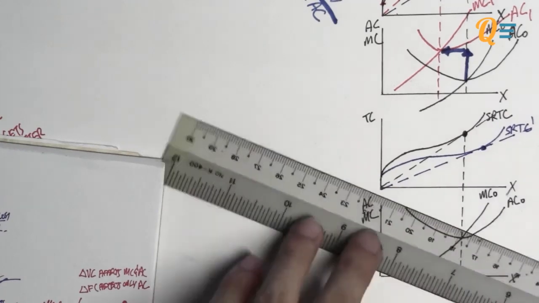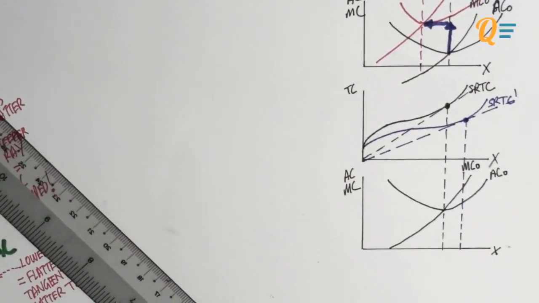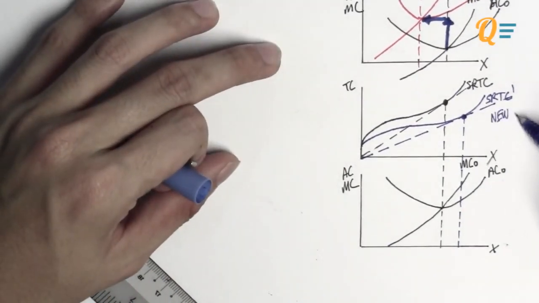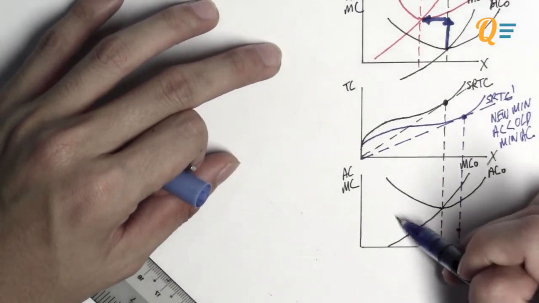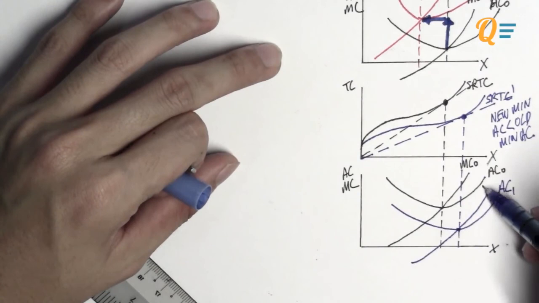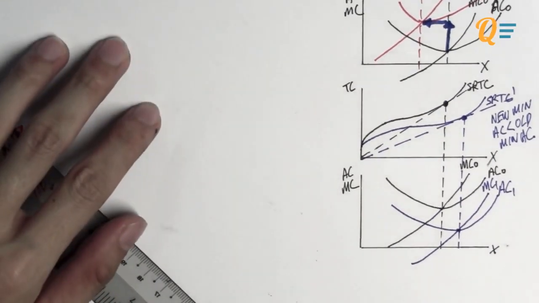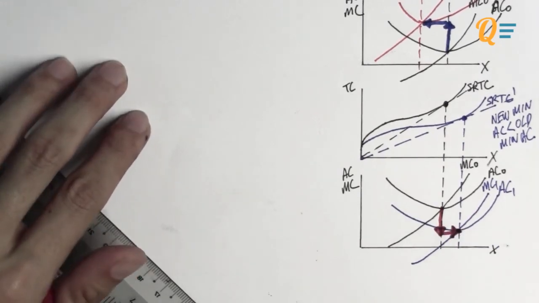And now I'm going to find my new minimum AC, and you'll notice it'll be towards the right side, and of course the new minimum AC has to be lower than the old minimum AC, right? There is a reduction in cost. Okay, so the AC curve shifts down, and there you have your MC1, and again you're going to notice that the minimum AC moves down and then right.